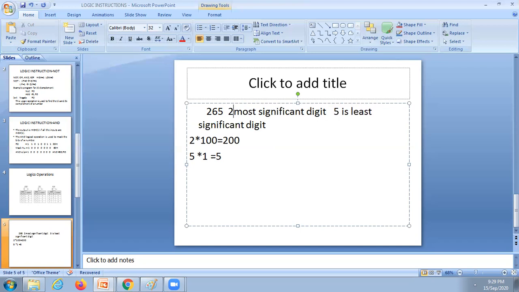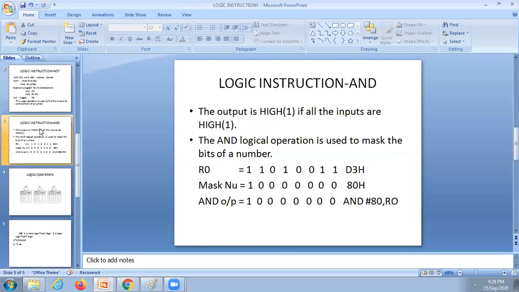Why? Because the value of 2 is 200 and the value of 5 is 5. So 200 will have more impact than 5. Whatever the number may be, it is not based on the digit but on the place value. So here we call it digit, and for binary we call it bit.